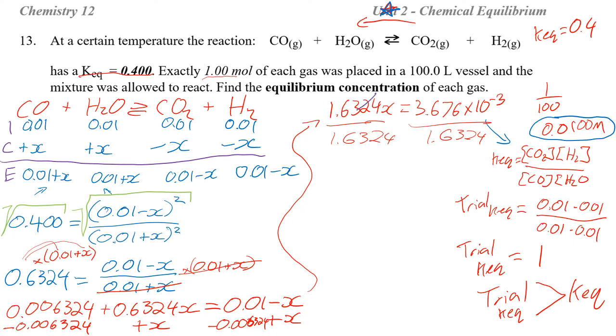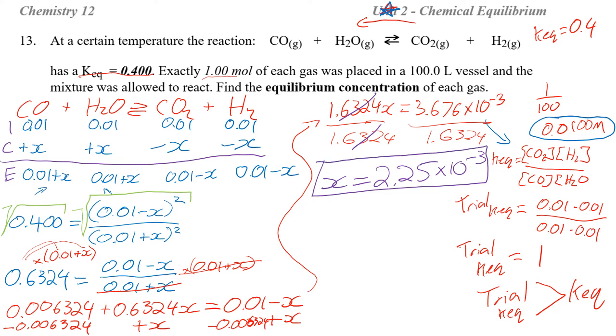Shift to purple, cancels out, and so therefore I get x equals 3.676 divided by 1.6324 equals, and I get x equals 2.25 times 10 to the minus 3. Yay, we're done, but we're not done because we need to plug it back into our original equation.